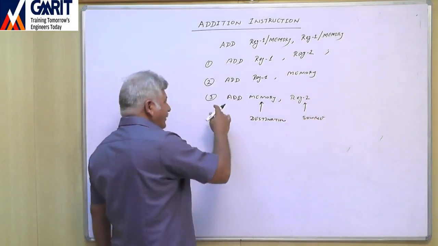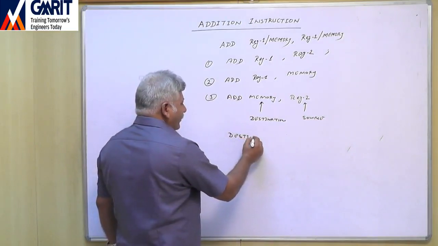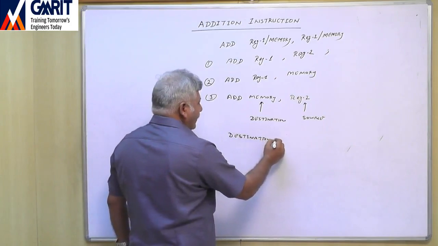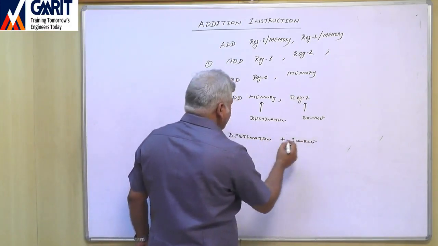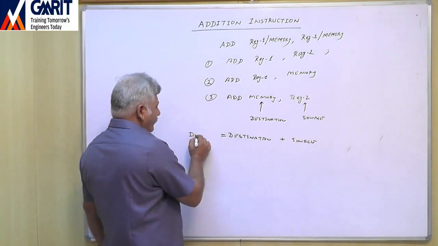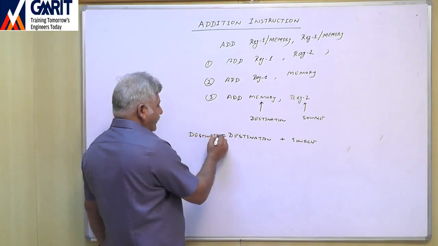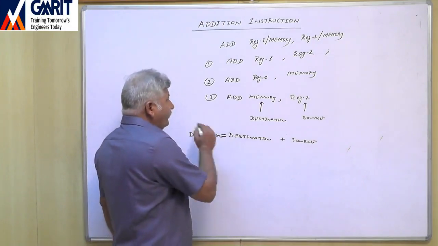So what this ADD instruction will do, it will add the destination data with the source data and the result will be stored in the destination. Right? So the result will finally be stored in the destination.